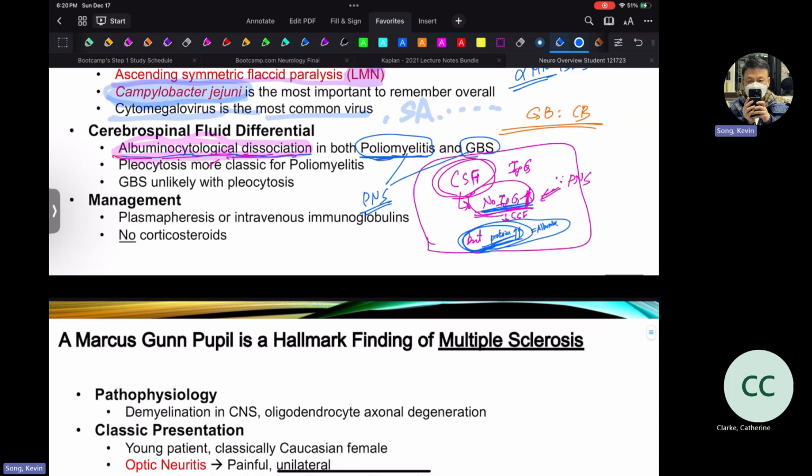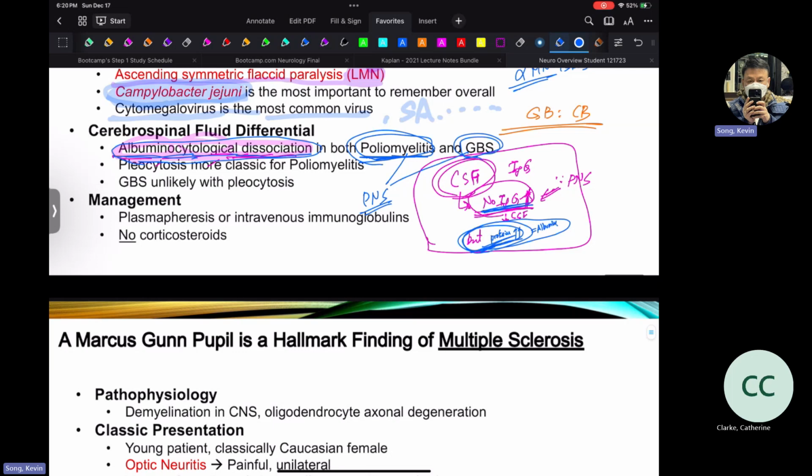Cells are basically protein. So the body makes protein, but antibodies don't come into the CSF. Understanding this is very important. It's very unique to polio and Guillain-Barré.